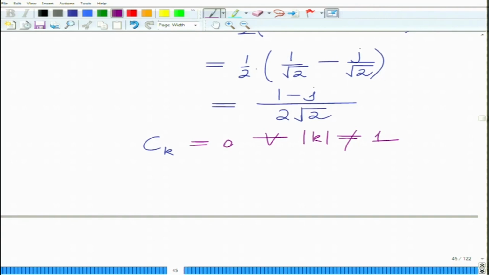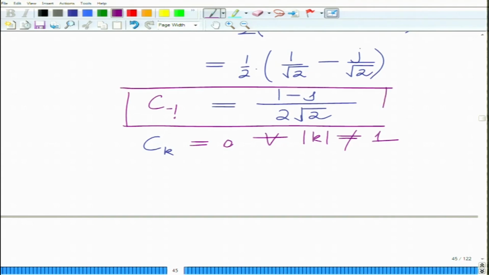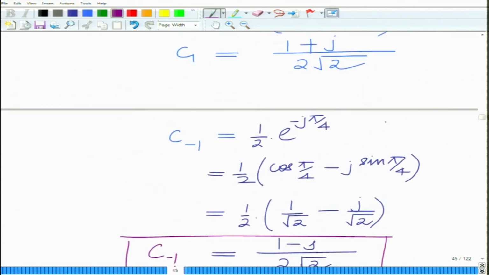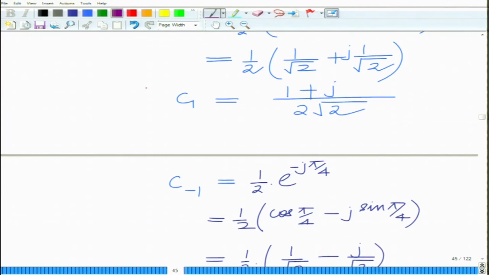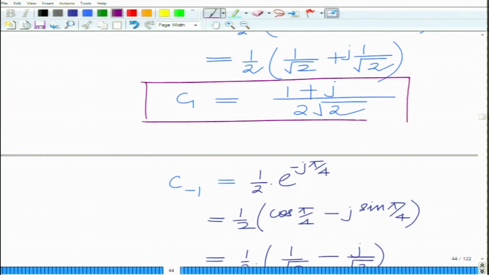So that is the complex exponential Fourier series, and these are the coefficients. This is the coefficient C minus 1 in the complex exponential Fourier series, and this is the coefficient C1 in the complex exponential Fourier series.